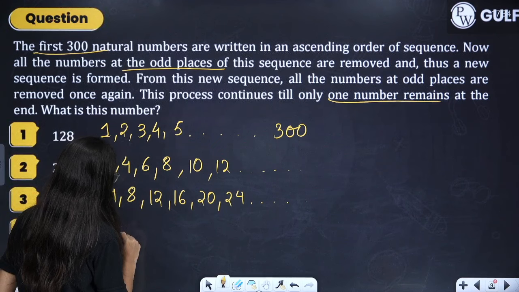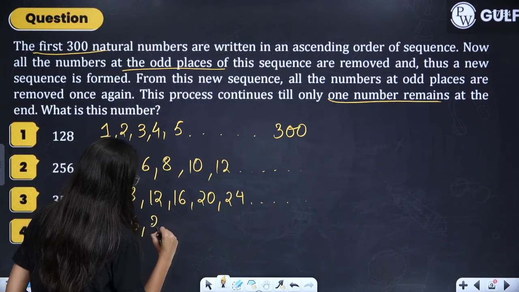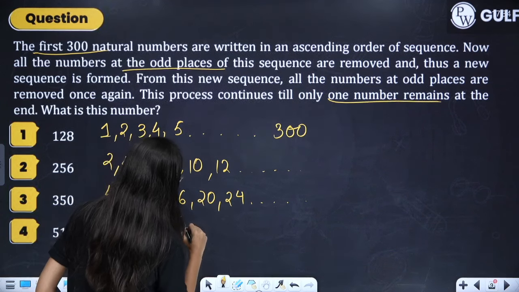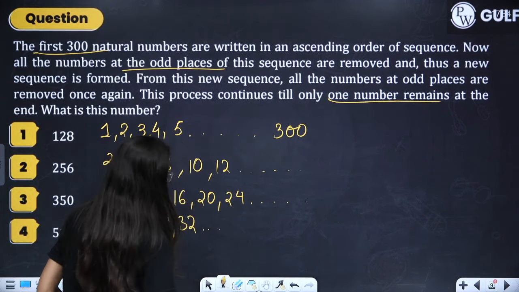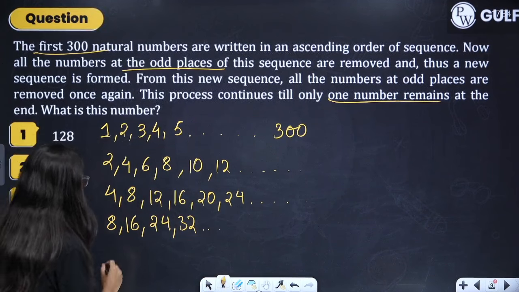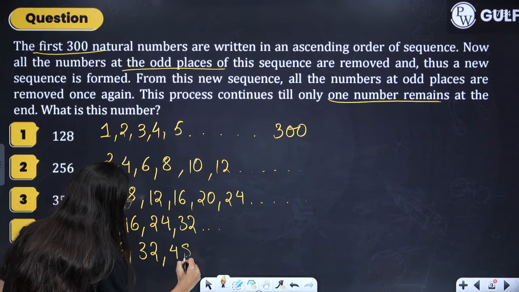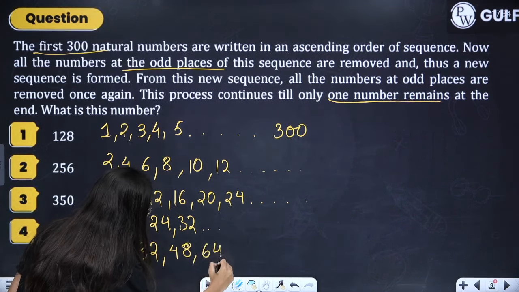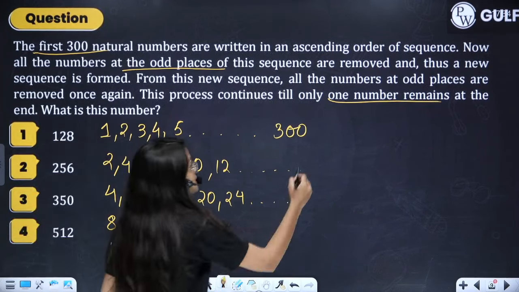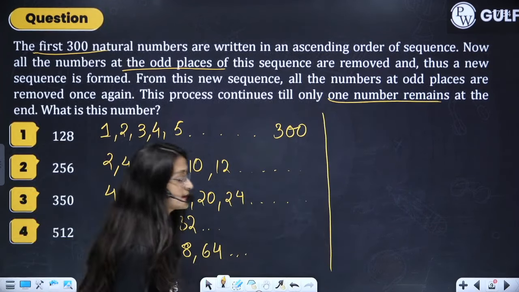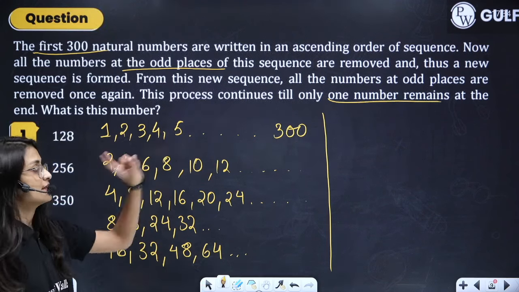So I'll get 8. Then again, odd places. Similarly, repeating this process until I'm getting only one number.